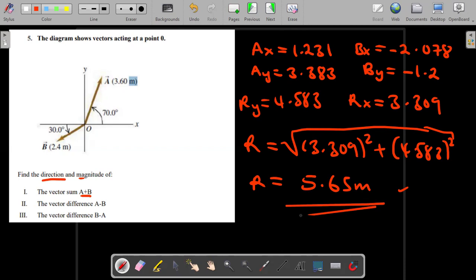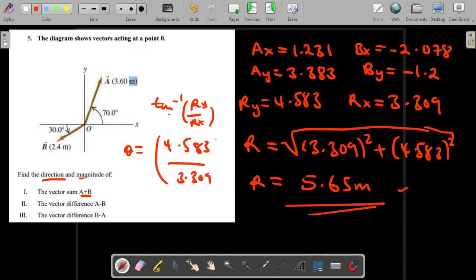Next, I must find my direction, of course. My direction is just going to be tan inverse of Ry divided by Rx. So theta is tan inverse of my Ry, 4.583, divided by my Rx, which is 3.309.